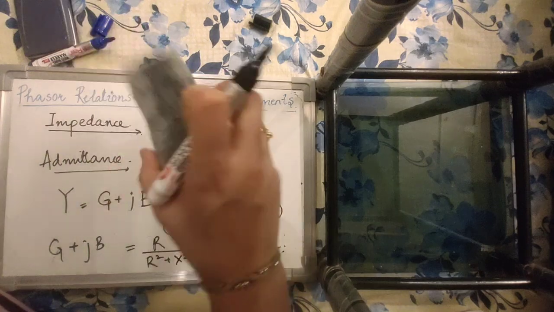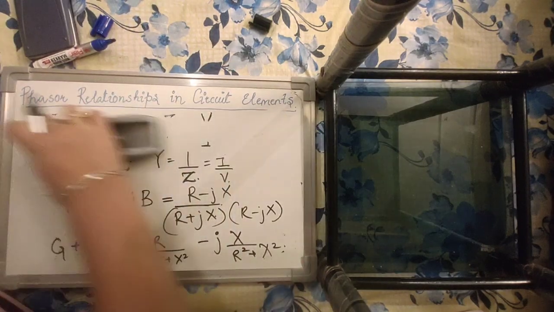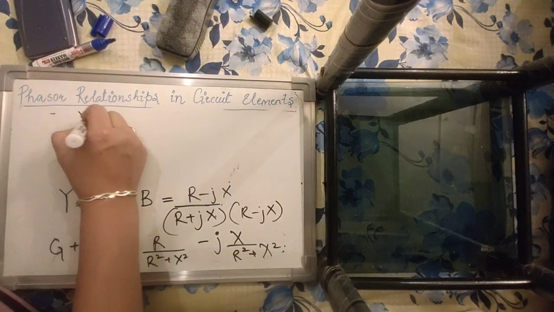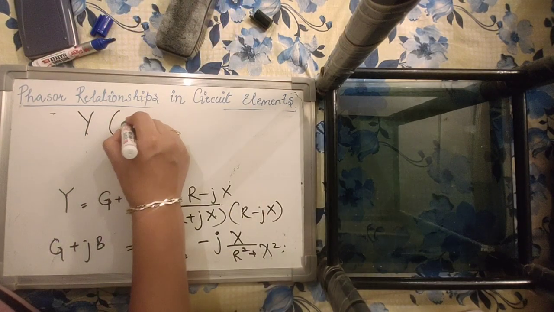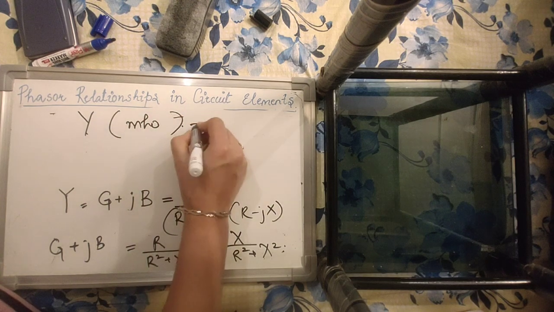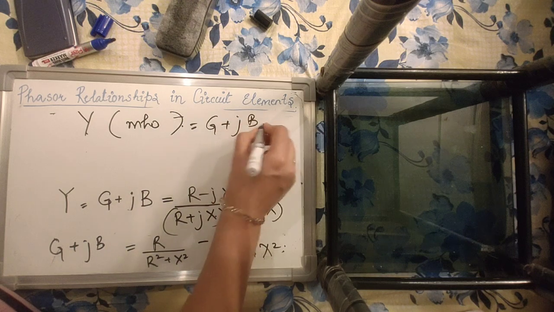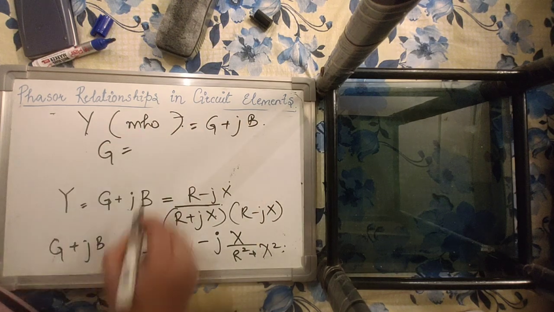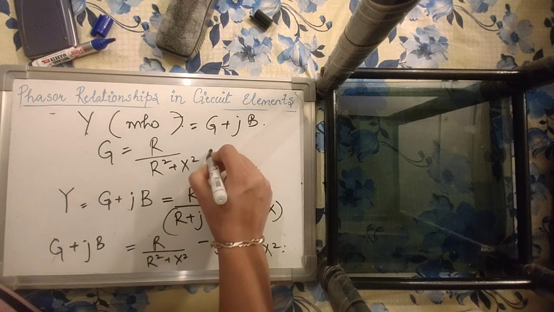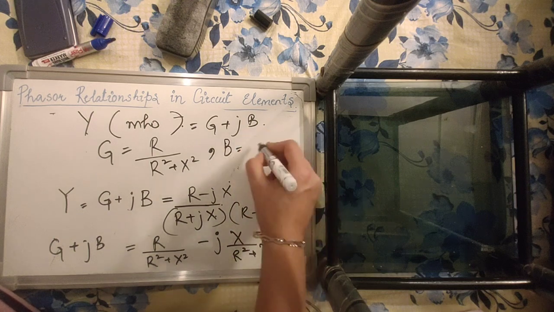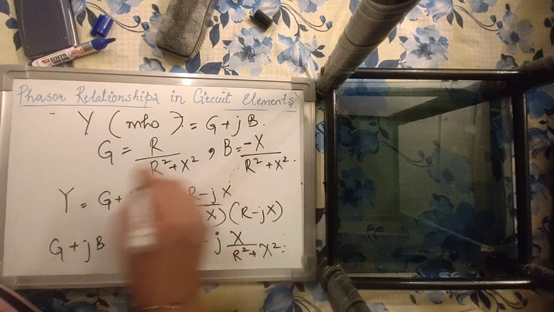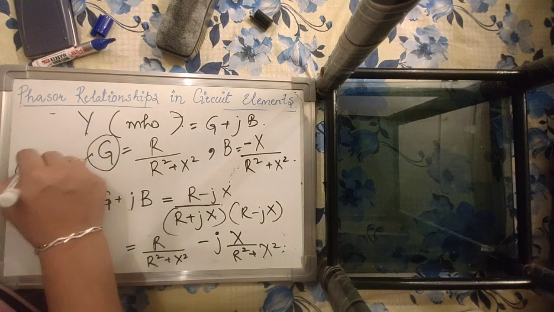So this tells you that if you have to find the admittance of the circuit, Y, which is measured in mho or Siemens, it is G plus jB, where G is equal to R upon R square plus X square, and B, the imaginary part, is equal to minus X upon R square plus X square.